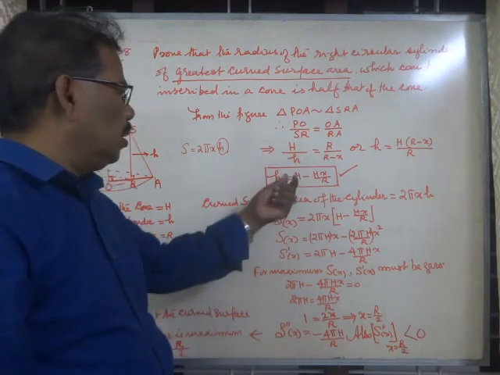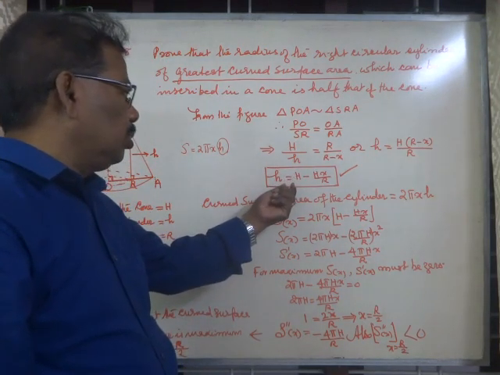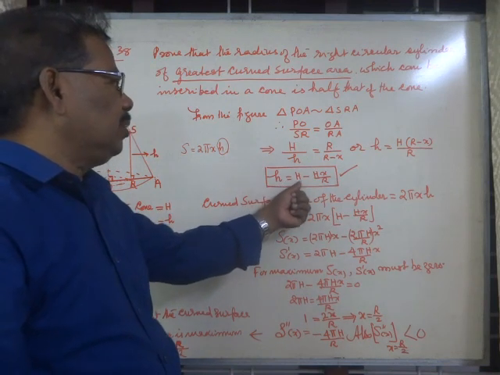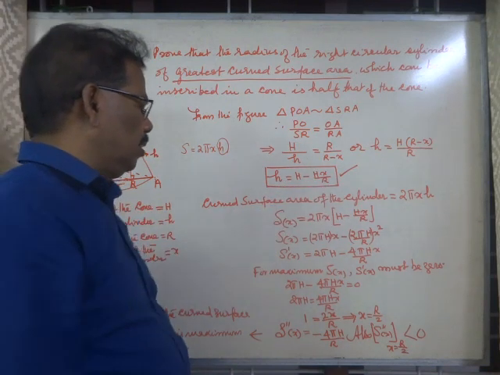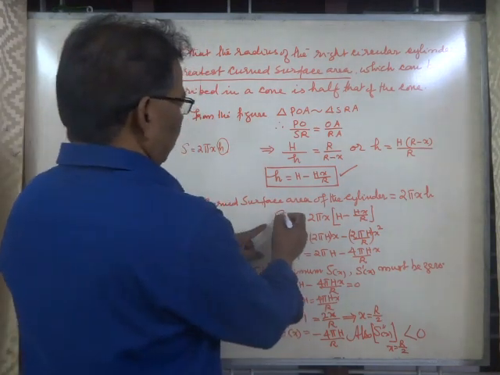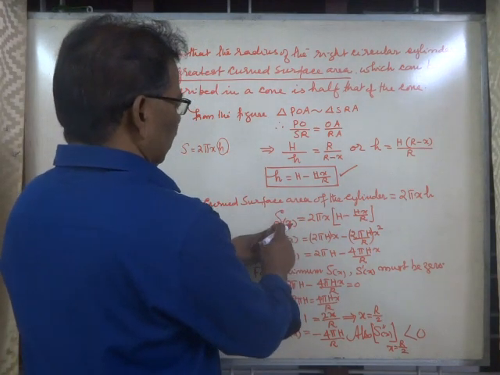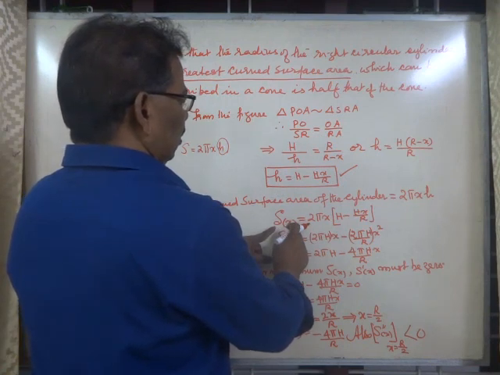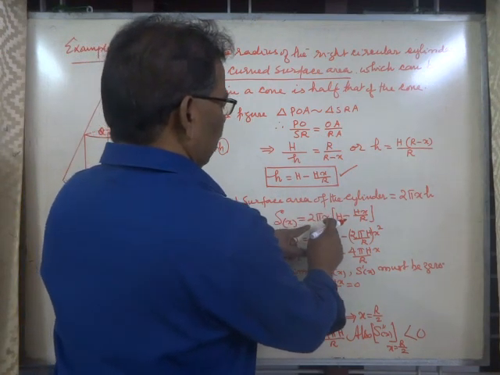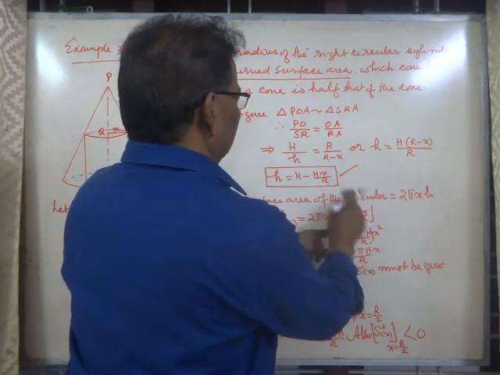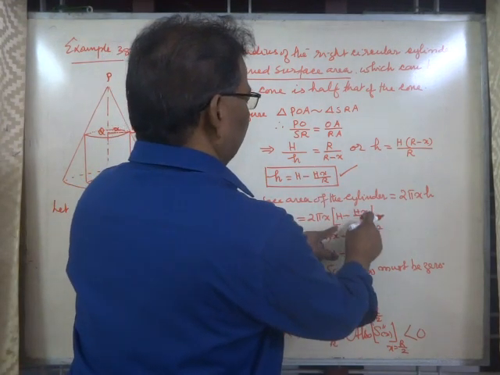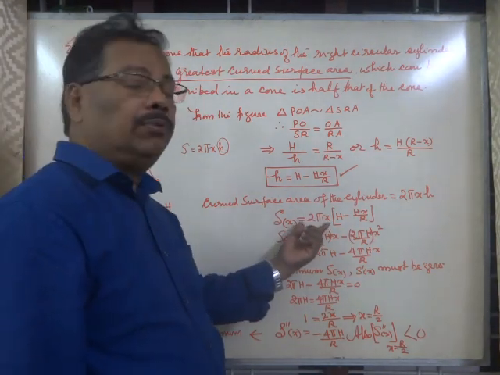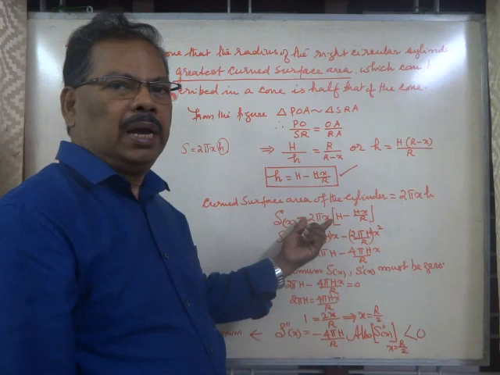Now we can substitute for small h as H minus Hx by R. Now, if curved surface area is S of x, 2 pi x into H minus Hx by R. Now, this is a function of x.